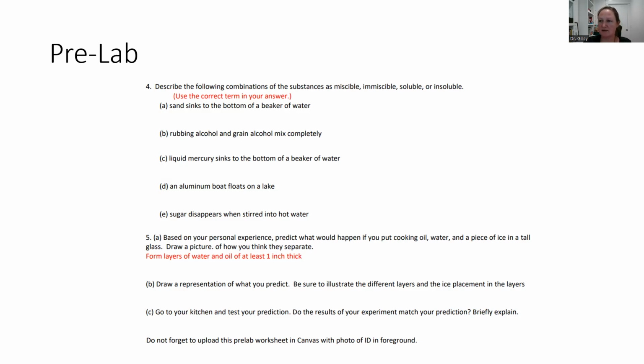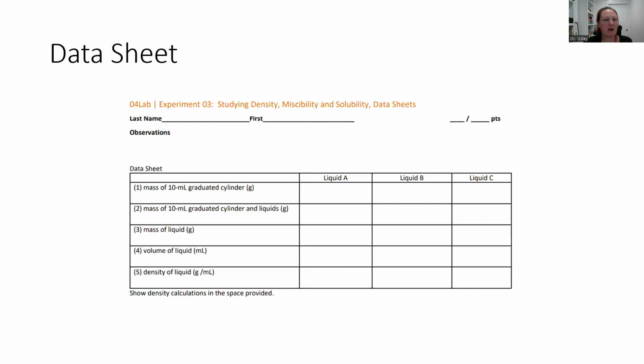Does it sink? Does it float? So think about that and then draw something and make sure to illustrate the different layers so that I know which one is which. And then when you're turning that in, of course, always remember anytime you're turning in a picture of a worksheet to have your ID shown.